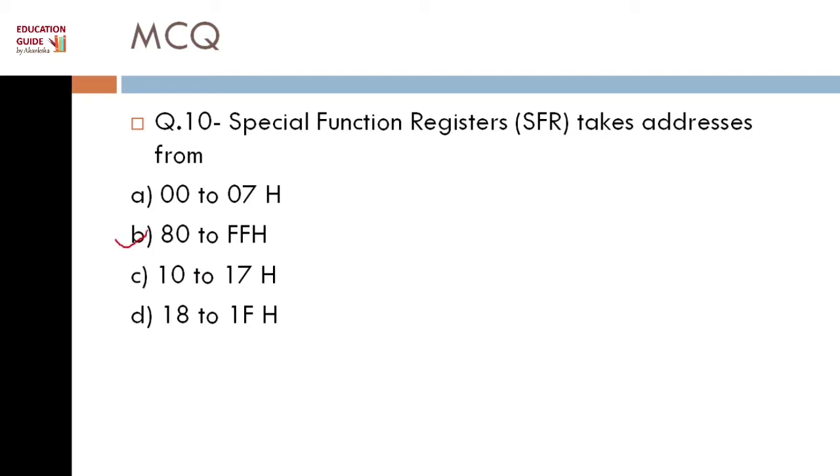Option is B. The 8051 provides 128 bytes of memory, 80H to 0FFH, for special function registers. SFRs are bit, byte or word size registers.